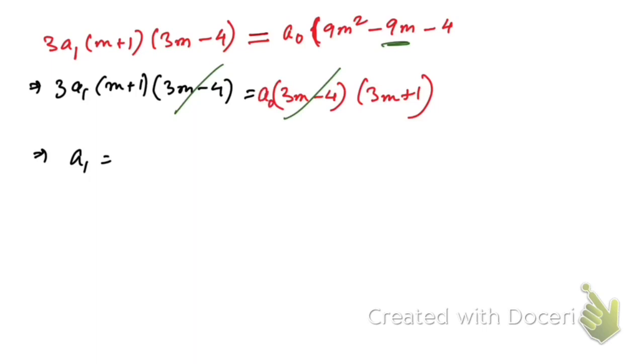So that's going to be equal to (3m + 1) divided by 3 into (m + 1), and there should be a naught. So that's what we have got. This is a naught, right?